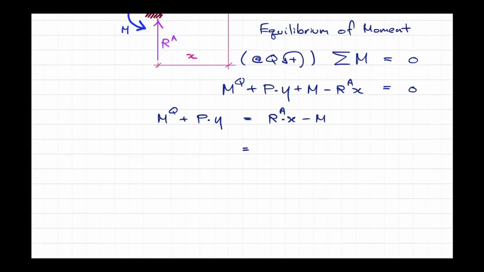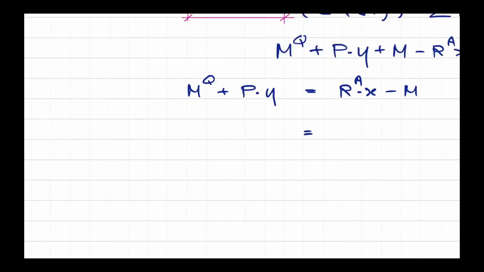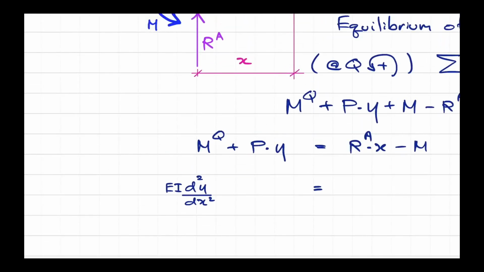So MQ, what is it? It is the moment at point Q, internal moment, which is caused by the EI multiplied by second derivative of y with respect to x. Like this, where your y is the deformed shape. Y is the deformed profile.